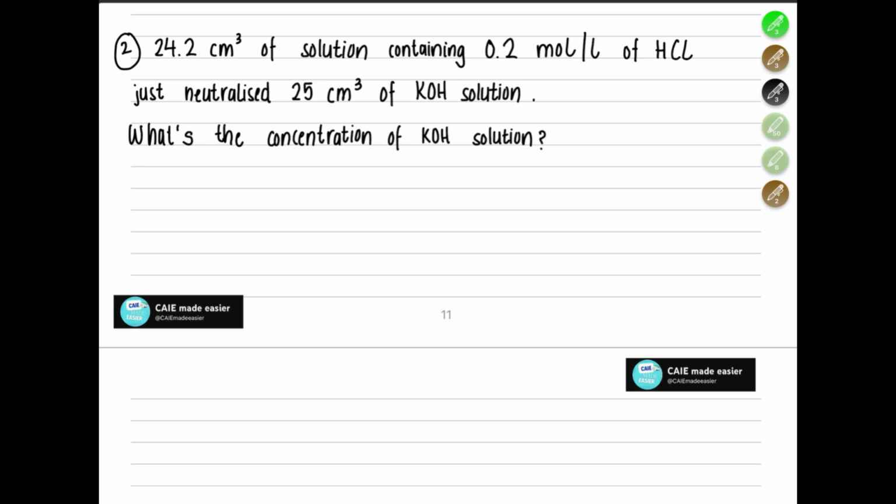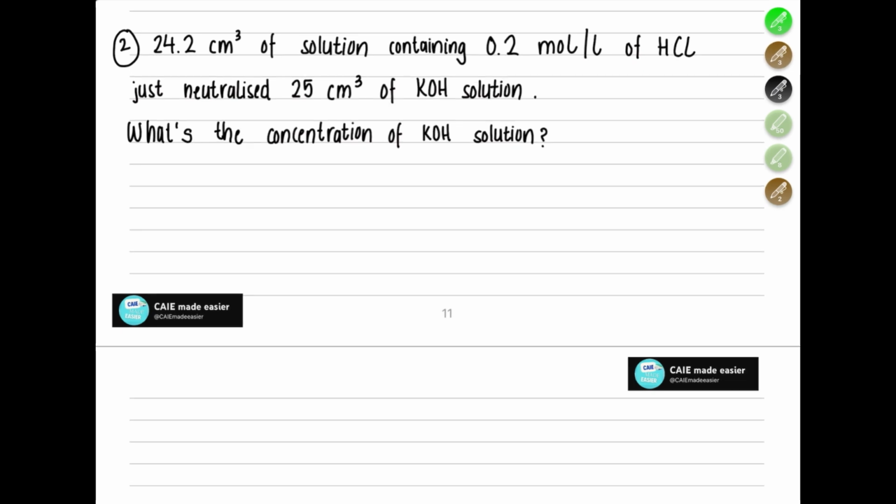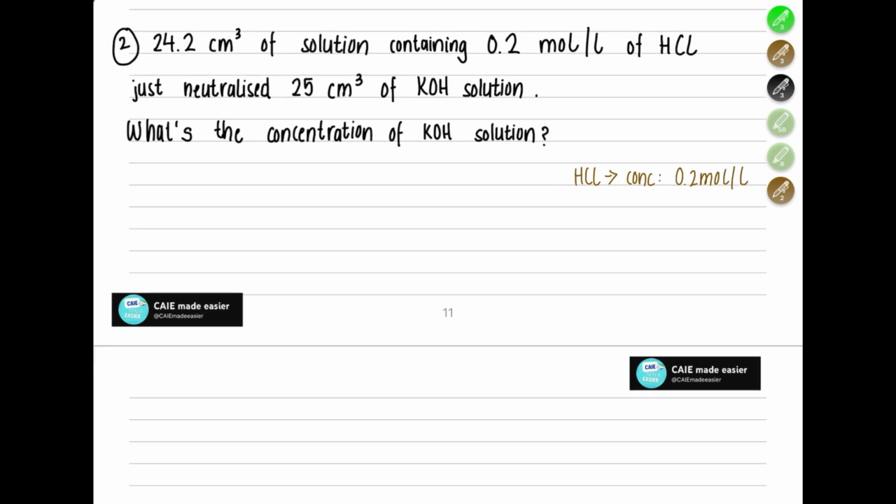So let's first identify what we have. We have hydrochloric acid, and in hydrochloric acid we know the concentration. The concentration is 0.2 mole per liter, and we also know the volume. The volume is 24.2 centimeter cube. What about potassium hydroxide?